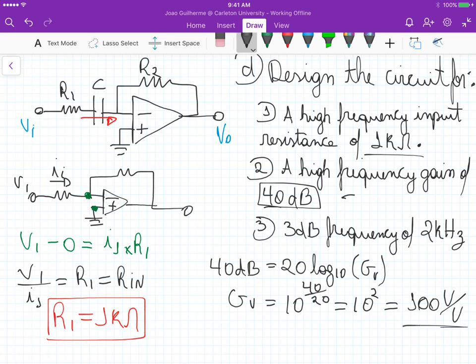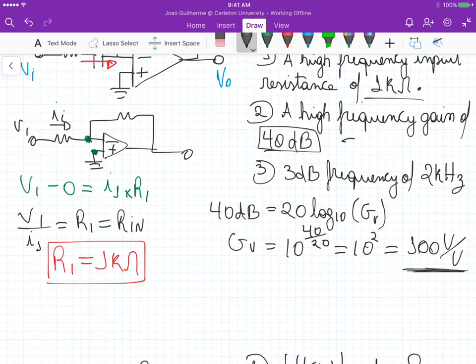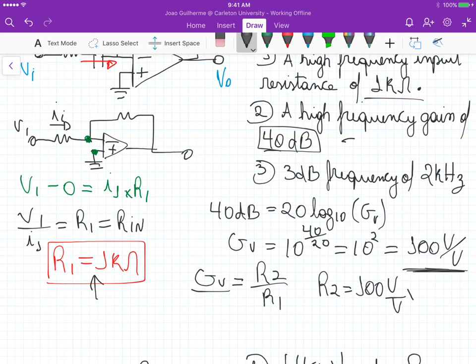And we know that the high frequency gain equals R2 over R1. So from this equation we can calculate R2 because we know R1 and the voltage gain. So R2 equals the gain, 100 volts per volt, times 1K ohm. This gives us R2 equals 100K ohm. So that's the second parameter.